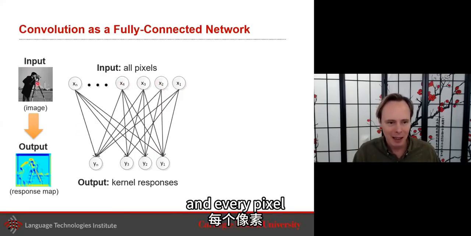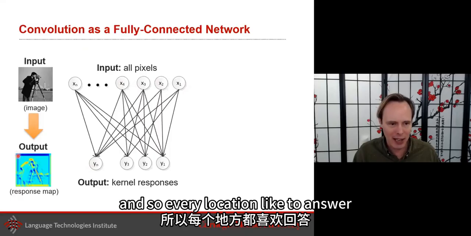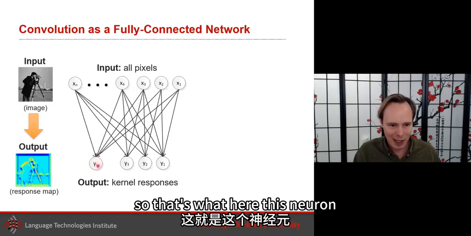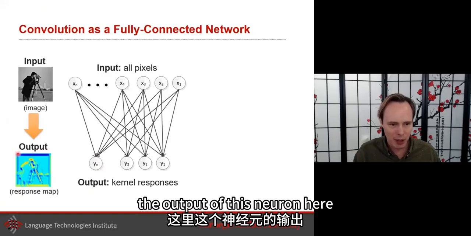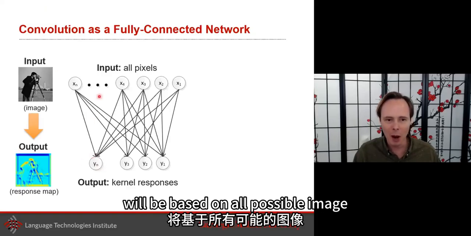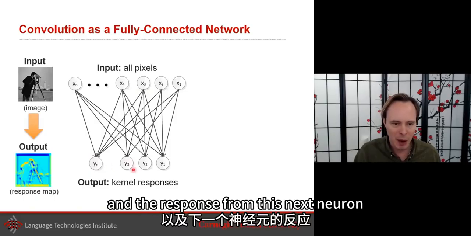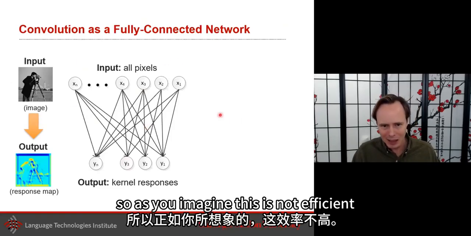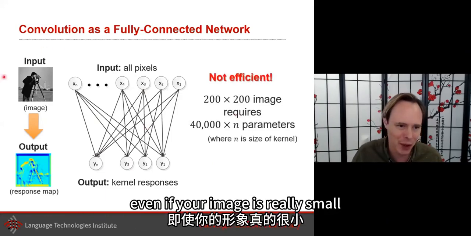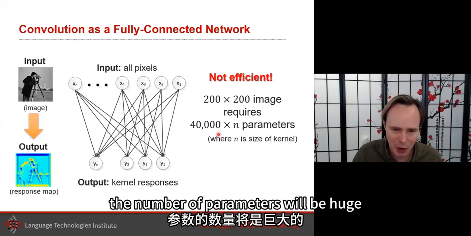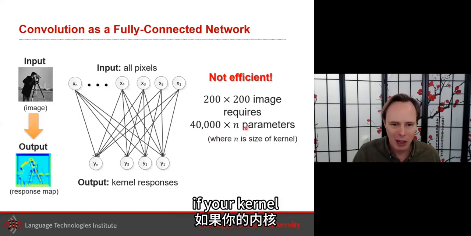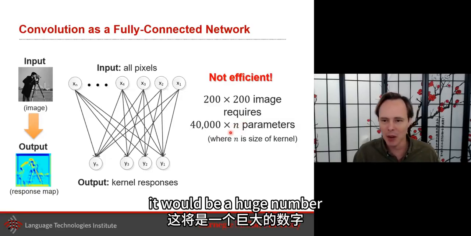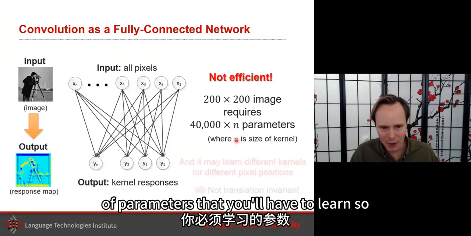Every location's answer will be based on all possible pixels. So the output of this neuron will be based on the whole image, and the response from the next neuron will be from all possible pixels. As you can imagine, this is not efficient. Even if your image is really small, the number of parameters will be huge. If your kernel was of size n, or even a 2D kernel, it will be a huge number of parameters that you'll have to learn.